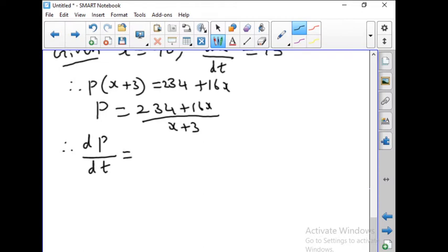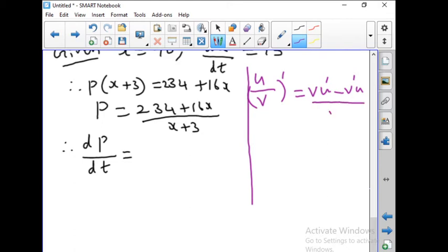Here it is of the form u by v the whole dash. We know the formula: v u dash minus v dash u by v square. Here v is x plus 3 and u is 234 plus 16x.